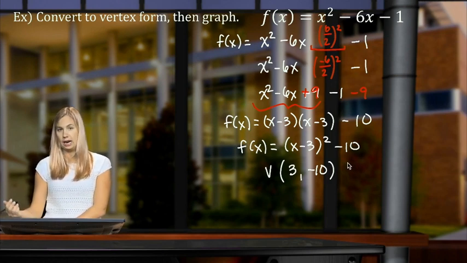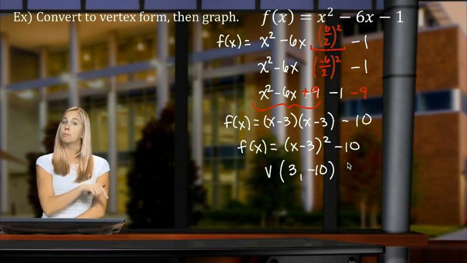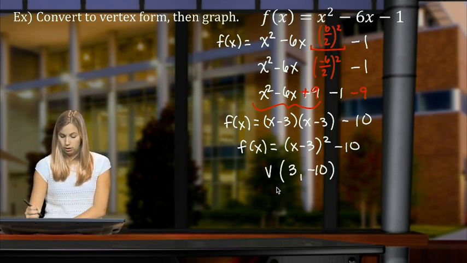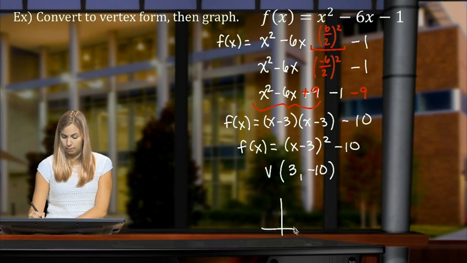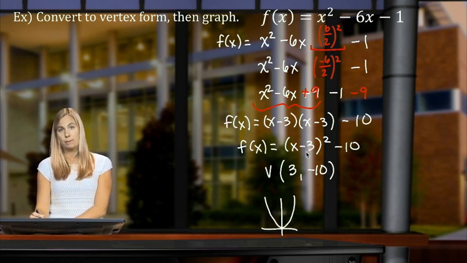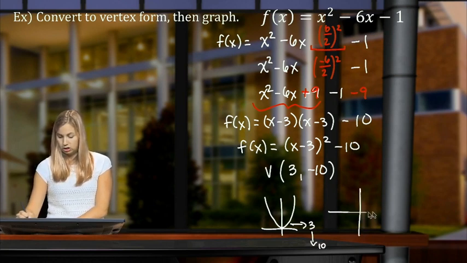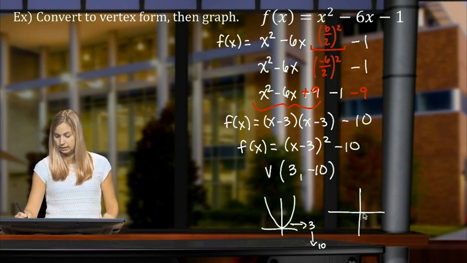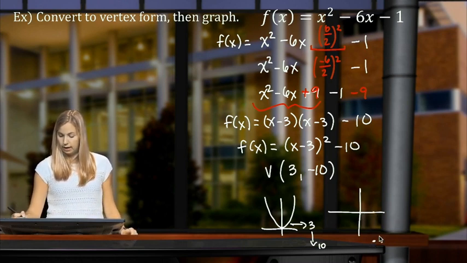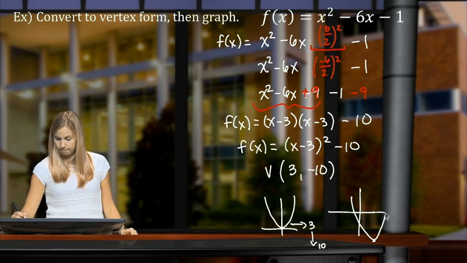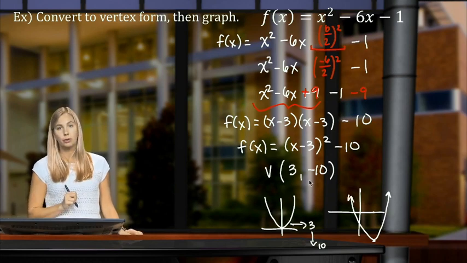And if you were to build the bridge back to transformations, if I start with my parent function quadratic, this minus 3 in here tells me to move to the right 3, and this tells me to move down 10. So this entire graph is going to shift so that my vertex is at positive 3, negative 10, which is what we have here.